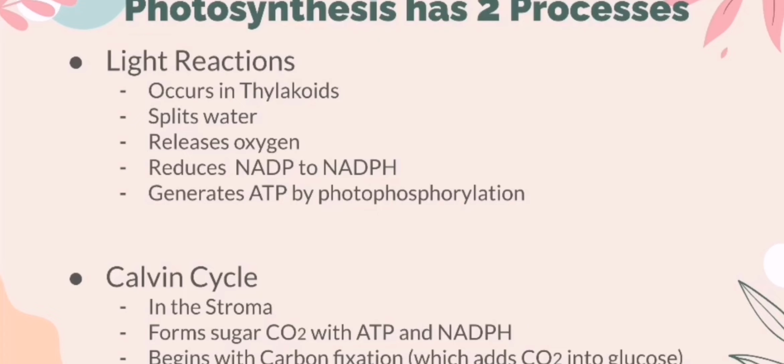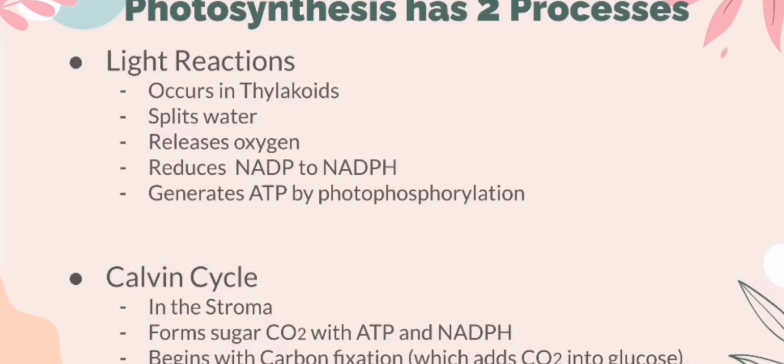Now, as I mentioned before when we were going over the shape of a chloroplast, it's very important to know where each step occurs. So the light reactions occur in the thylakoids. Now, a light reaction starts with a molecule of water. It splits that molecule of water and it releases the oxygen. It reduces NADP plus to NADPH, and remember, NADP plus is an electron carrier.